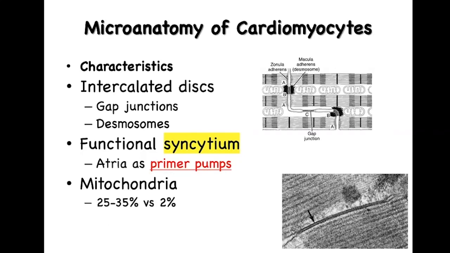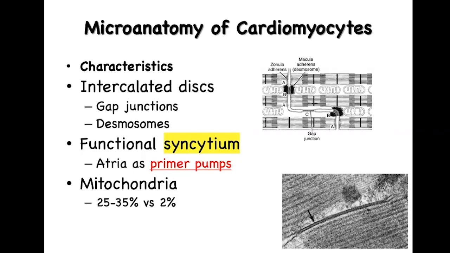So let's look at the difference. Let's compare the amount of mitochondria by volume. So about 25 to 35% of the volume of a cardiac muscle cell consists of mitochondria compared to 2%. The primary energy source used for aerobic cellular respiration in cardiomyocytes is fatty acids.